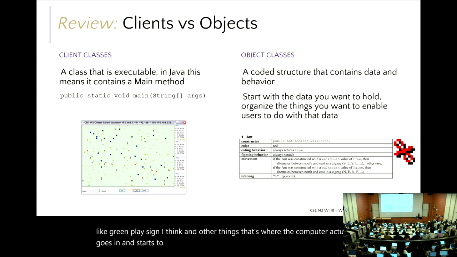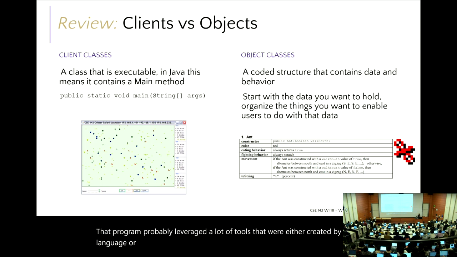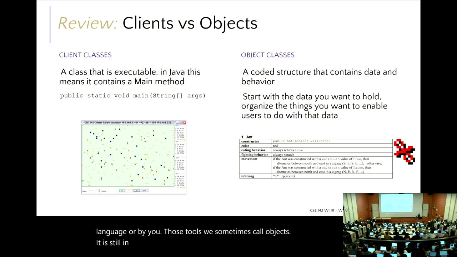But that program probably leveraged a lot of tools that were either created by the language or perhaps created by you. Those tools we sometimes call objects. It is still in Java in a .java file.